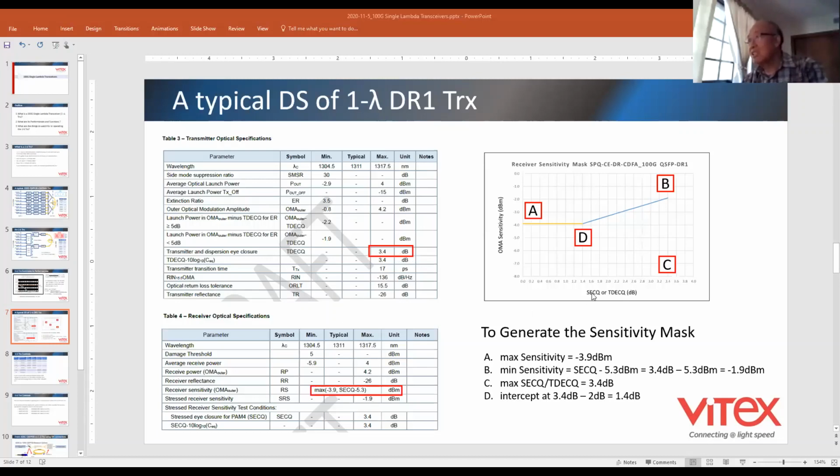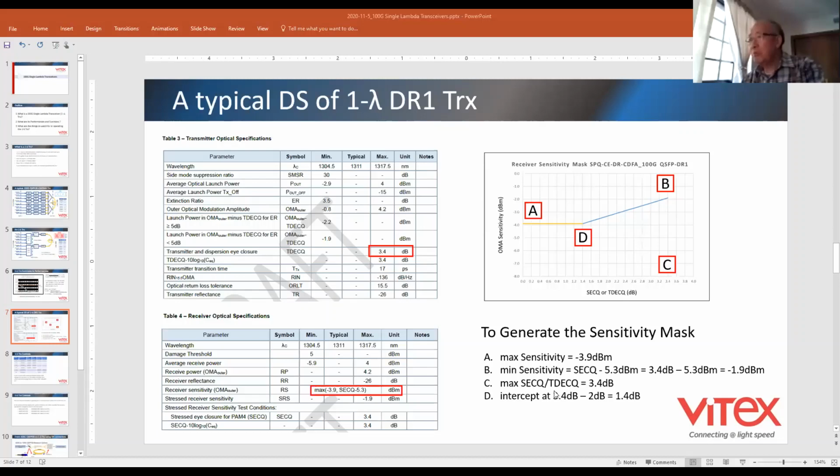So we can use this theta Q here, 3.4. You plug in the 3.4 in place of the CQ: 3.4 dB minus 5.3 dBm, which is given in this equation. You come up with the so-called minimum sensitivity, minus 1.9 dBm, which is here on the plot. Minus 1.9 here is the second point.